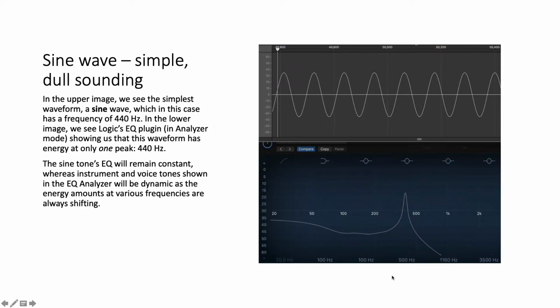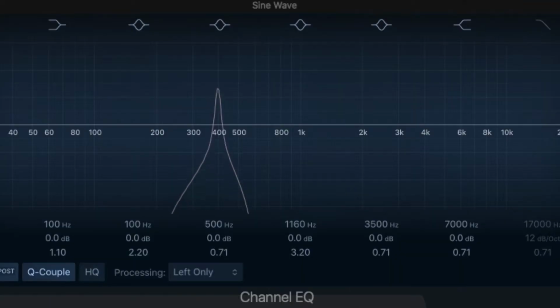The sine tone's EQ image will remain constant, whereas when we look at the image of the EQ analyzer for instrument sounds or voices, it will be more complex, and it will also be more dynamic because it will show various frequencies that are shifting. First, the sine tone.